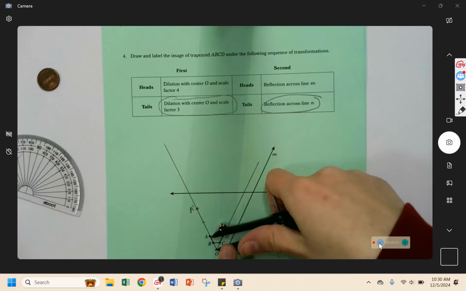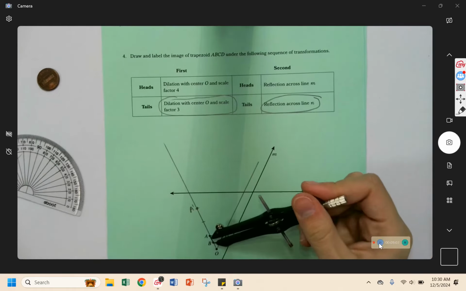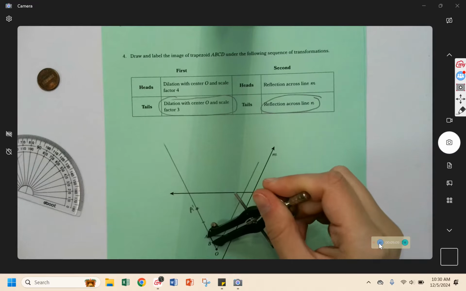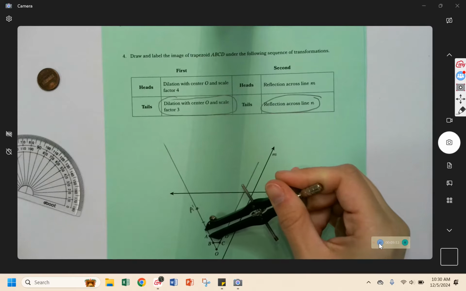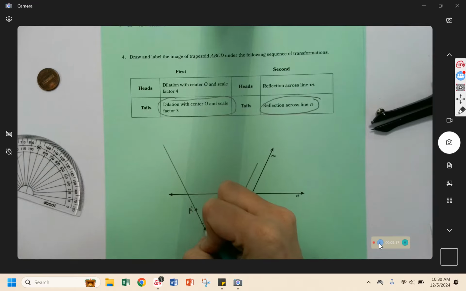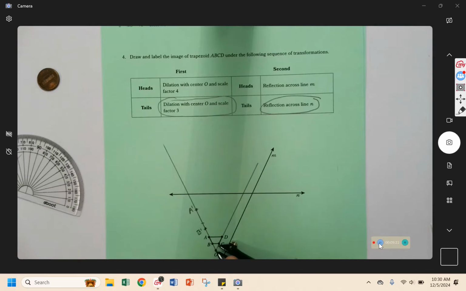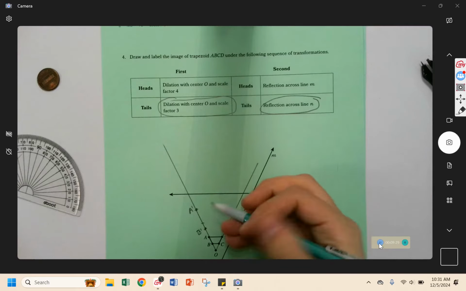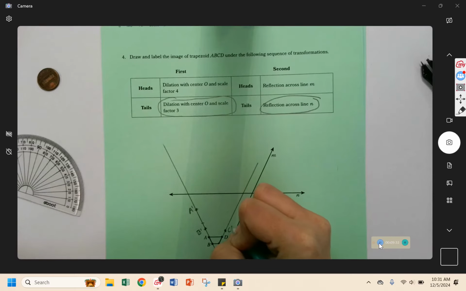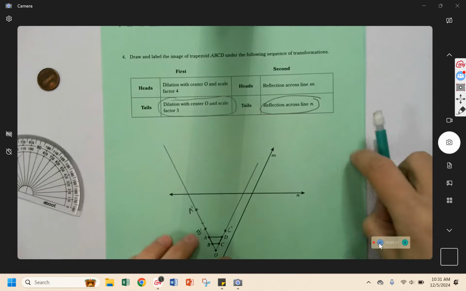Then B, there's 1, 2, 3. C, 1, 2, 3. Hope it got smushed a little bit.